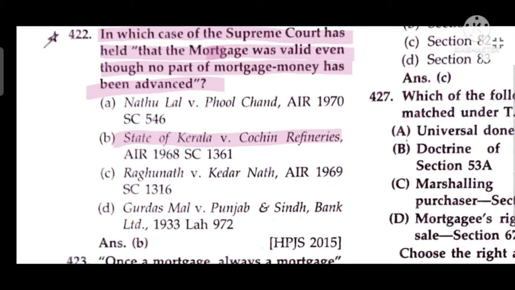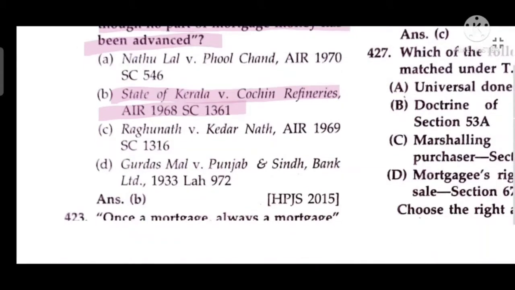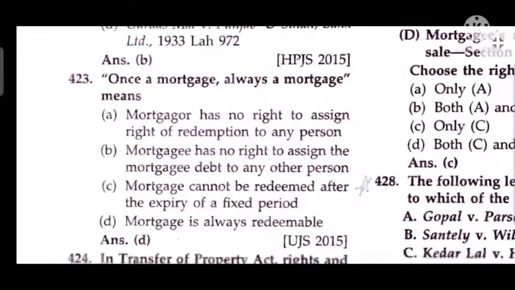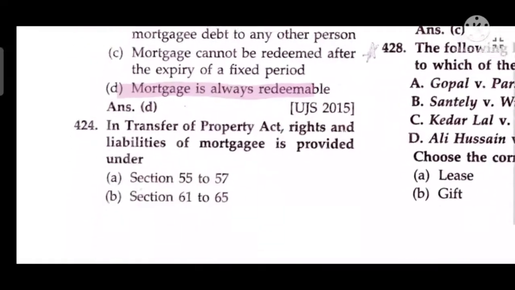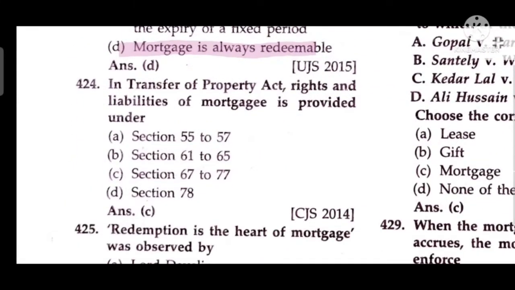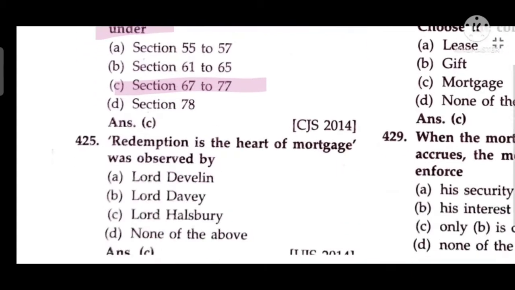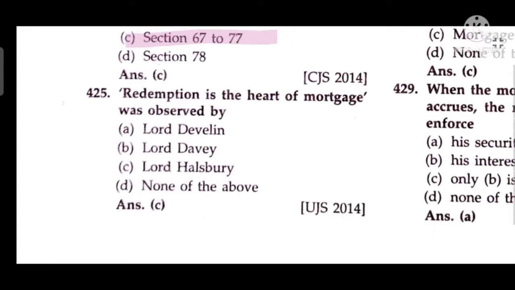State of Kerala versus Cochin Refinery, AIR 1968: once a mortgage is always a mortgage means a mortgage is always redeemable. Under the Transfer of Property Act, the right and liability of the mortgagee is provided under Sections 67 and 77. Redemption is the heart of mortgage, as observed by Lord Halsbury.